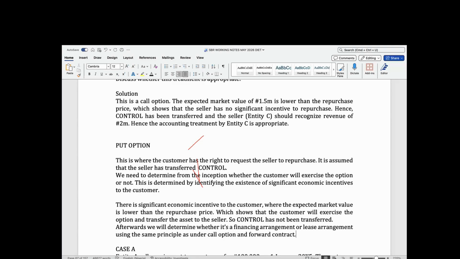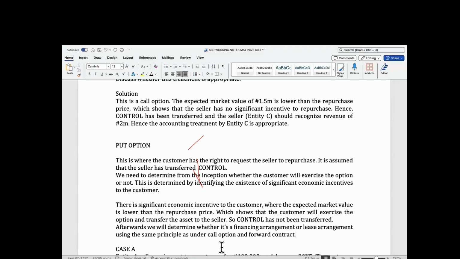Meaning that where the repurchase price is higher, then it is a loan, but where it is lower, then it's a lease. I mean, from the perspective of how the seller is going to recognize it in his books.